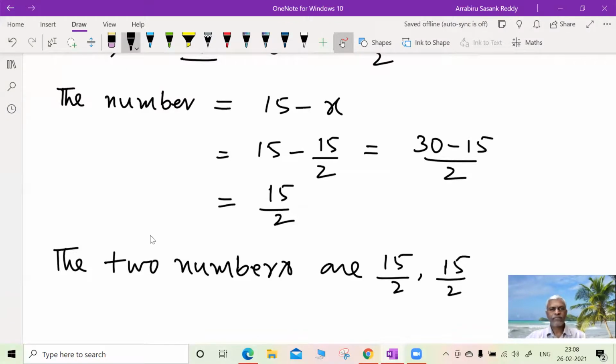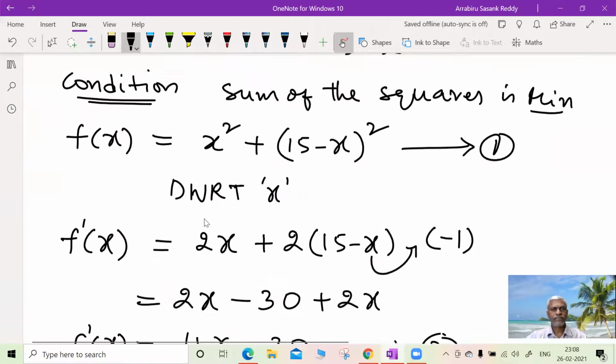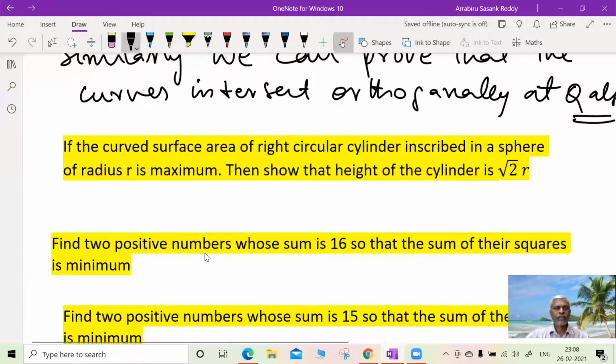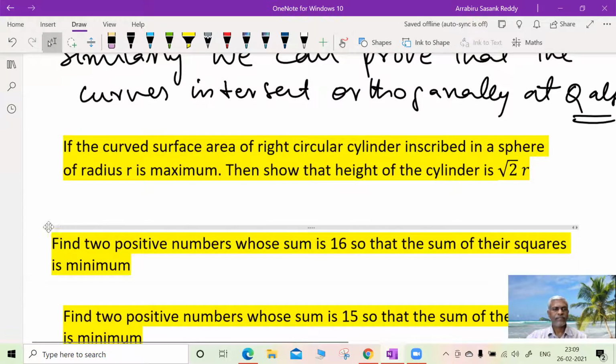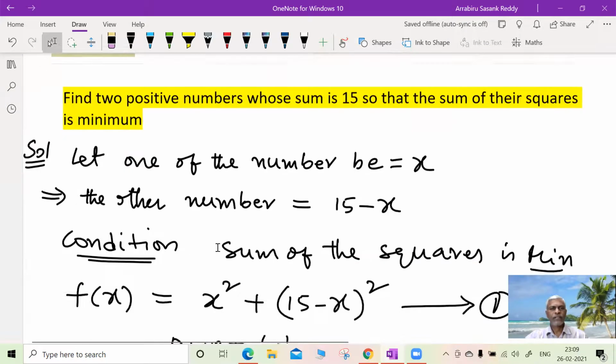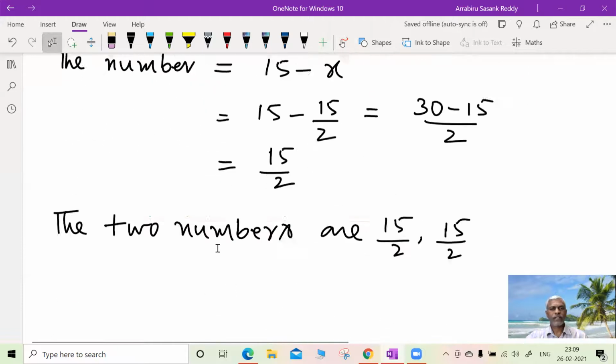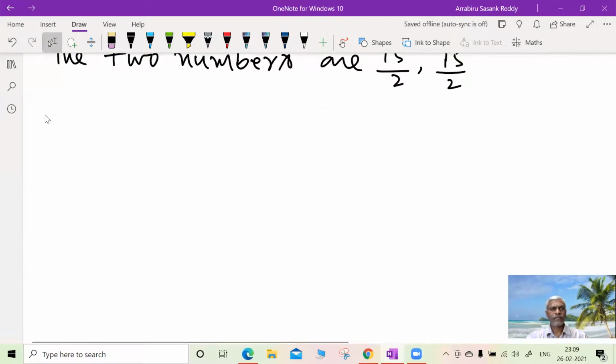Similar problem, only the sum is 16. Almost the same. In this one, the sum is 15. Here, the sum is 16.